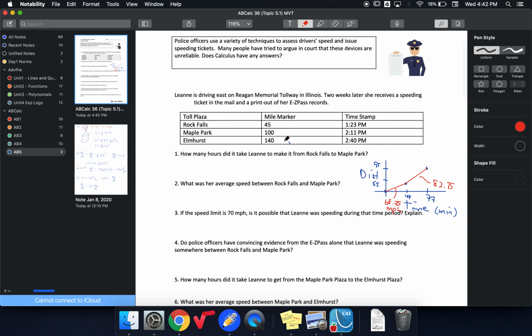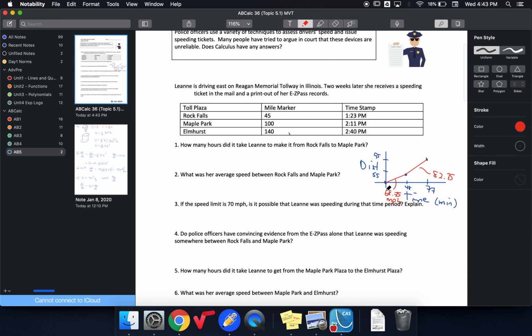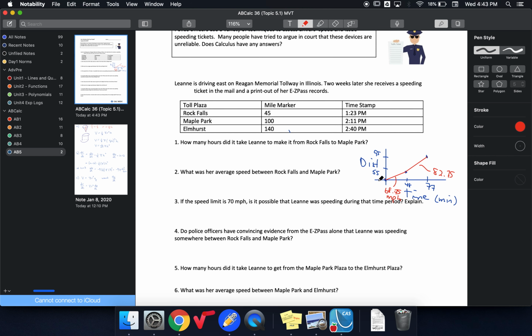It's a tollway, so she didn't exit in between because you go between the two tolls. So we've got some sort of continuous function between here and here. So for our continuous function, we don't know exactly what it looks like, but we know that we'll have a tangent along the way that has the same slope.